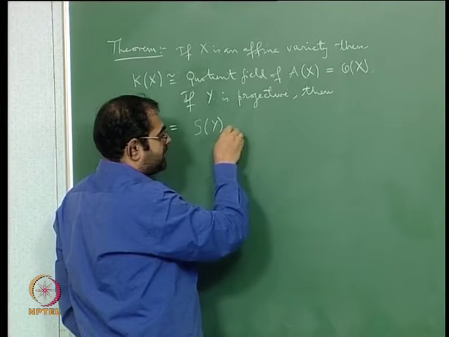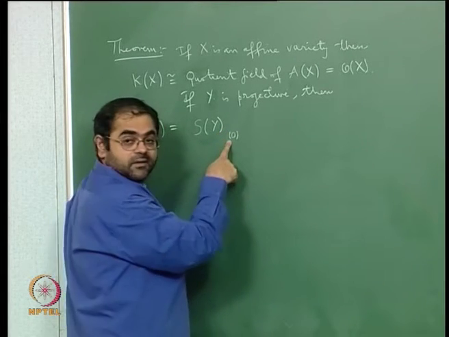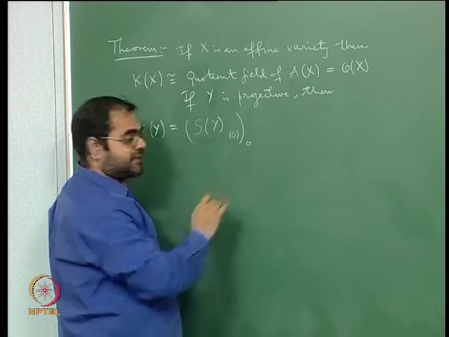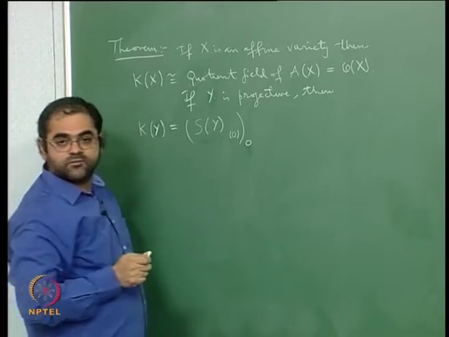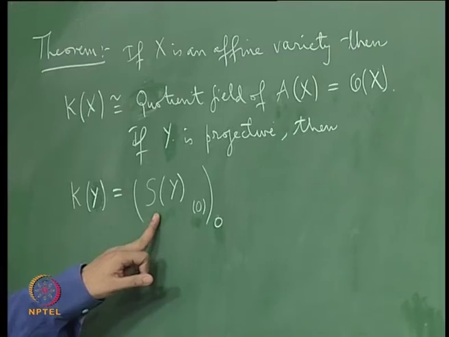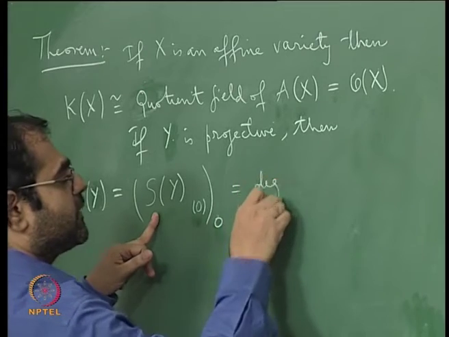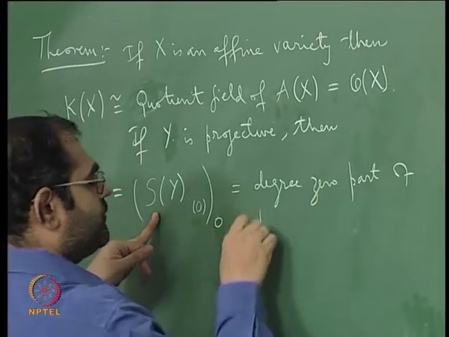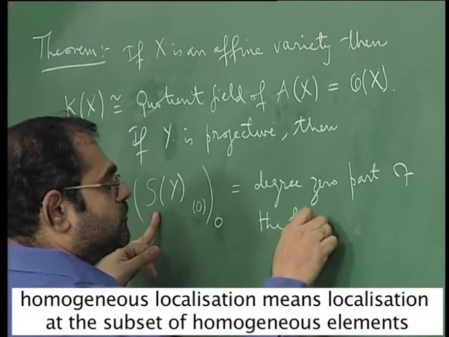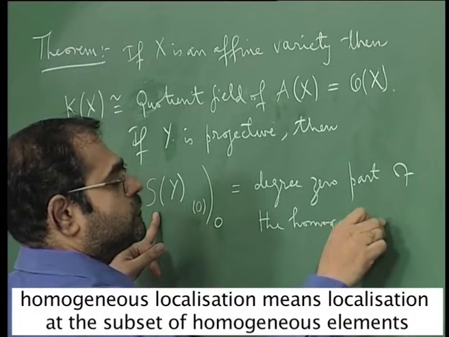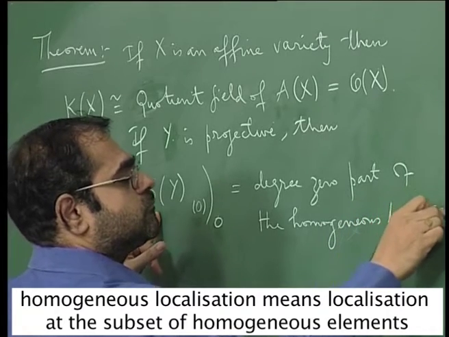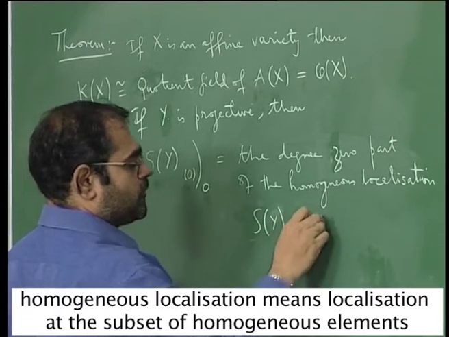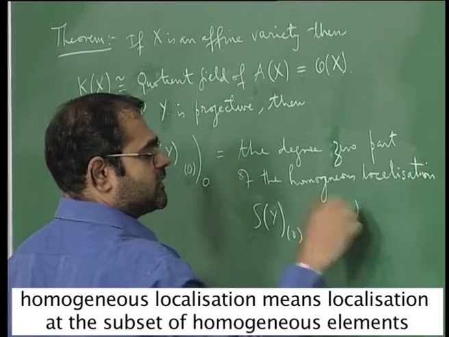That is a prime ideal, and this is localizing at 0, and then I will put another 0 here, saying that you are taking the degree 0 part of the homogeneous localization of Sy at 0.